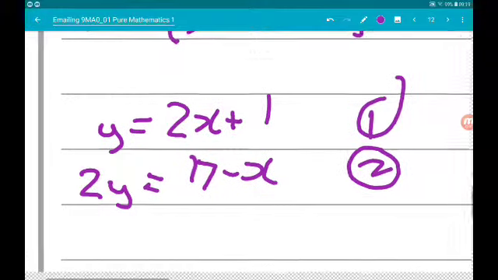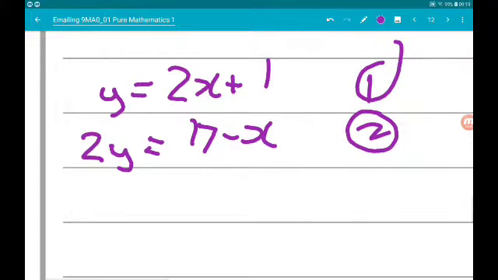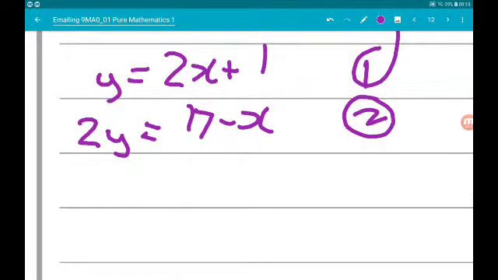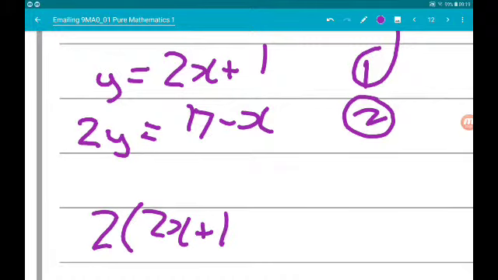Now we're going to call these equations 1 and 2. Now, the top equation tells us what y is. Y is 2x add 1. So I'm just going to use substitution here. I'm going to put y equals 2x add 1 into equation 2. So we're going to get 2 lots, 2x add 1 is equal to 17 minus x.